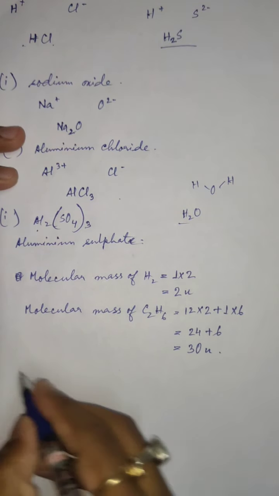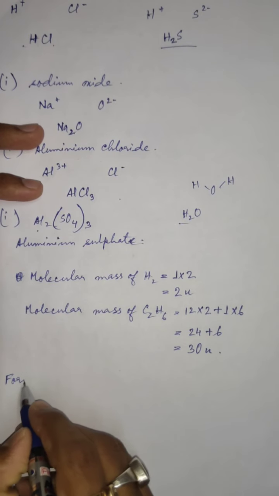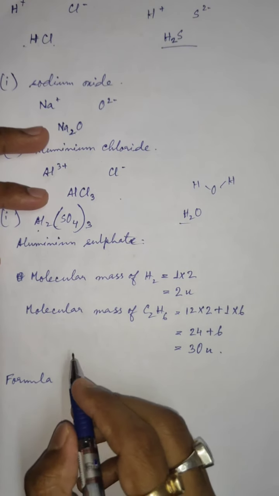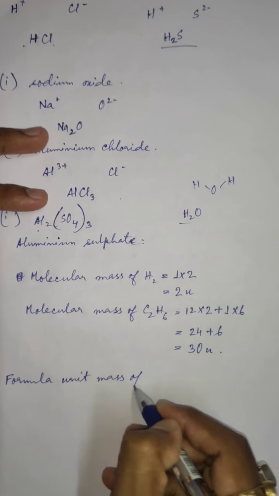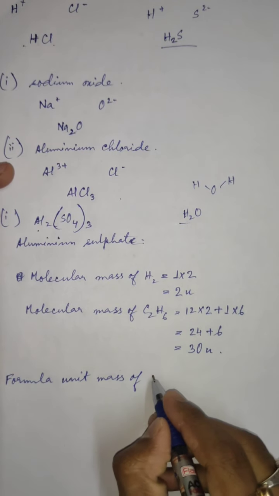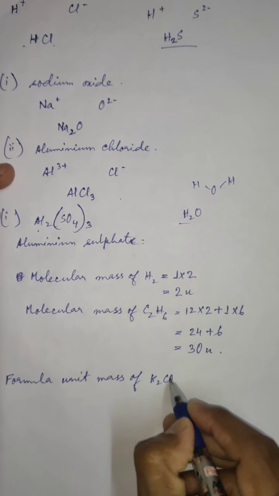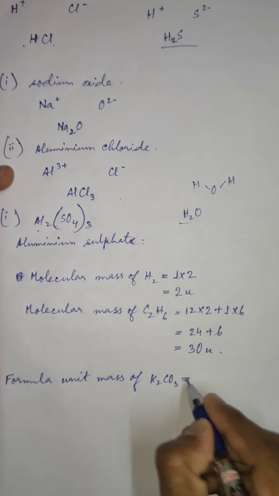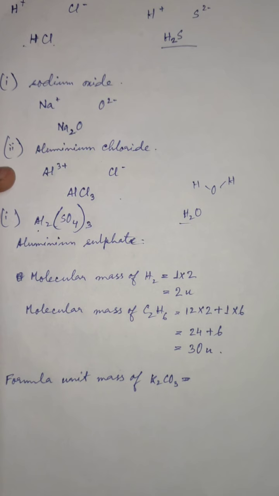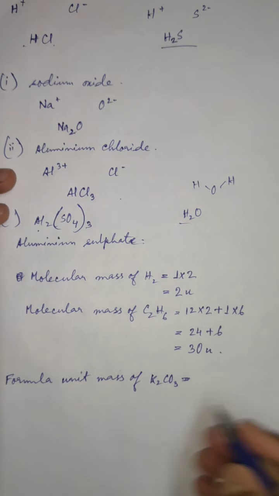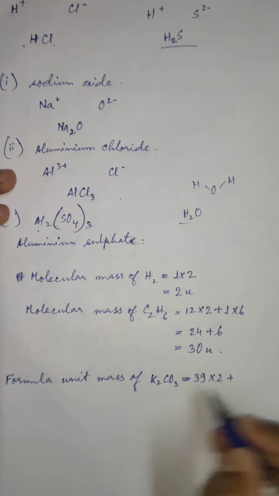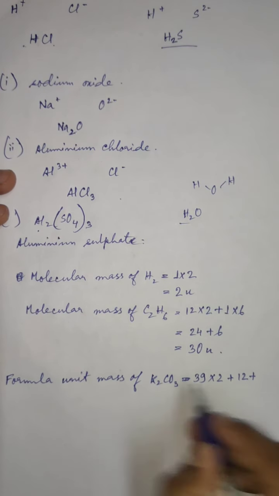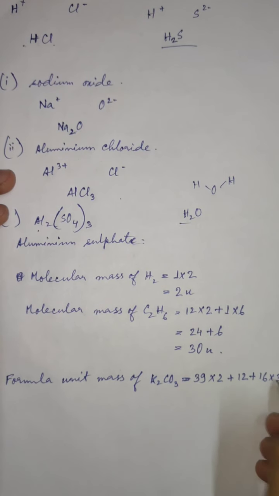So I am showing you K2CO3. Molecular mass and formula unit mass are the same. K, potassium. What would be the atomic mass of potassium? See, here it is given. It is 39. 39 into 2, as 2 is in the suffix, plus carbon is 12, plus oxygen is 16 into 3.